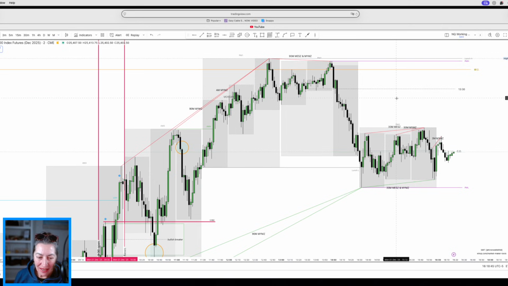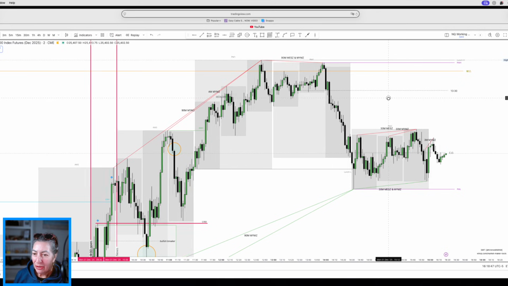This is the highest probability model that I have ever worked with, and these are ICT concepts, and ICT has always said that the breakers is the highest reversal model that he has. And so I've been working with breakers for a couple years, and they're worth waiting for.